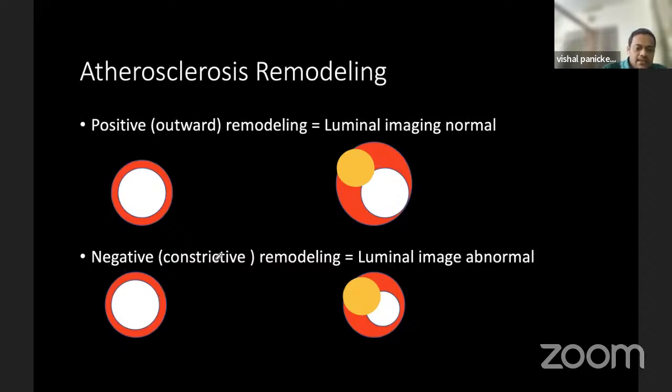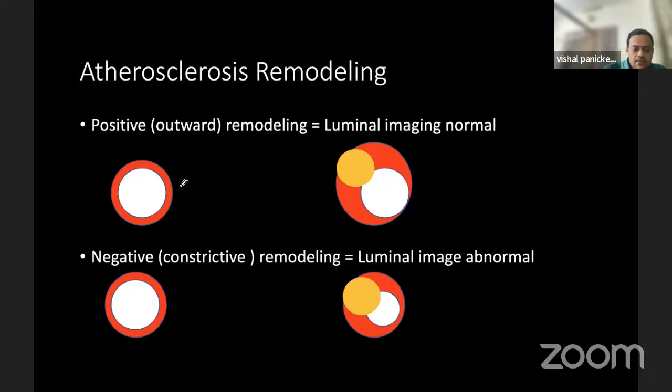In negative or constrictive remodeling, as there is formation of atheroma, the vessel is not enlarged, but this atheroma causes progressive constriction of the lumen, leading to stenosis. In these cases, the DSA will be abnormal initially.